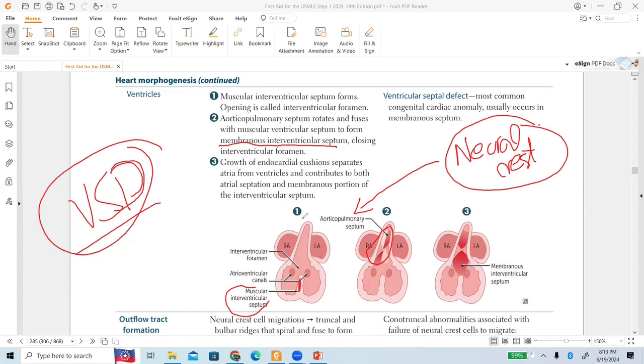The problem is the defective migration of the neural crest cells. If neural crest migration is not in your answers, then check the aorticopulmonary septum. If the aorticopulmonary septum is not in your answer, check the fusion of the aorticopulmonary septum with the membranous interventricular septum. So they are asking the question in different ways, right?